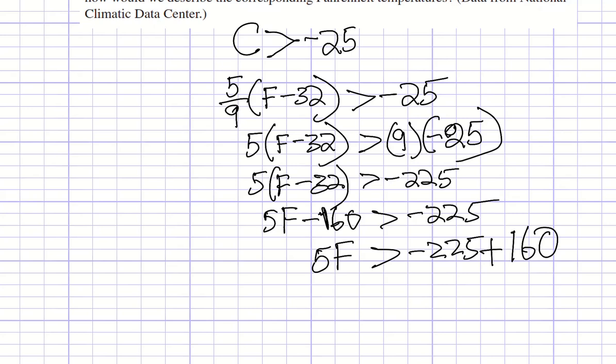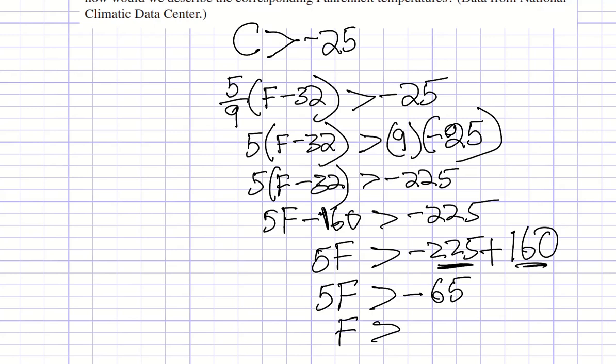We're just doing what we know how to do best, just keep moving things around. Then you get 5F greater than negative 65. So you divide by 5.